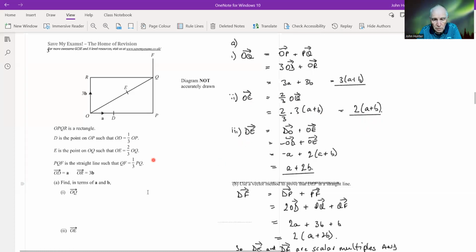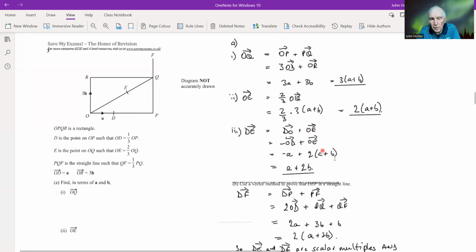The third one, which is kind of off the page there, is to find DE. Right, okay, well, again, for a start, we need to look at things that we know. DE, well, we know this one here, and we know OE as well, so we can just put it in terms of those. So DE expanded equals DO plus OE, and note this expansion, we've got these two adjacent letters here that form a bit of a cancellation.